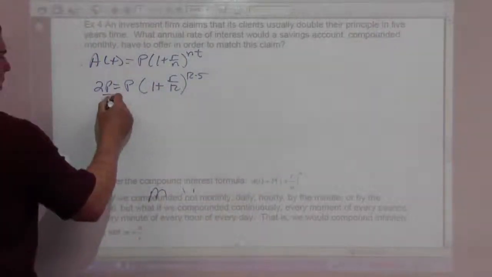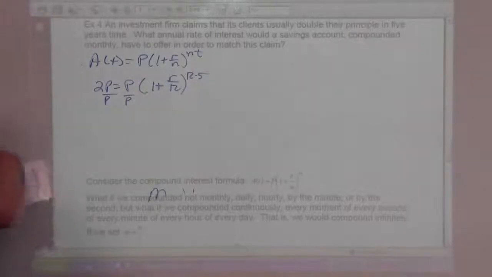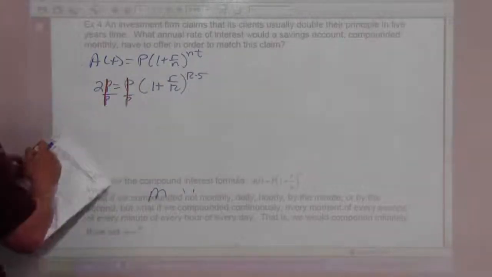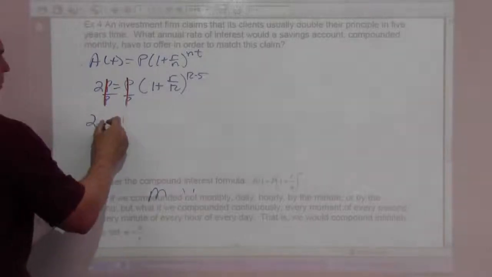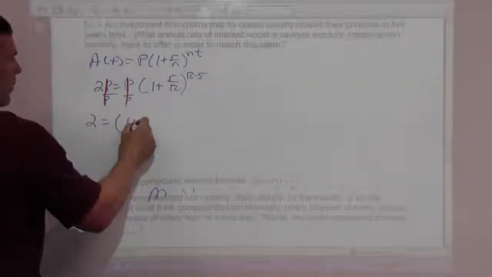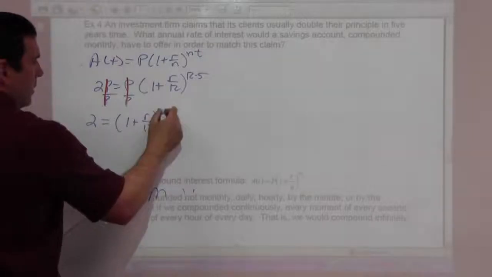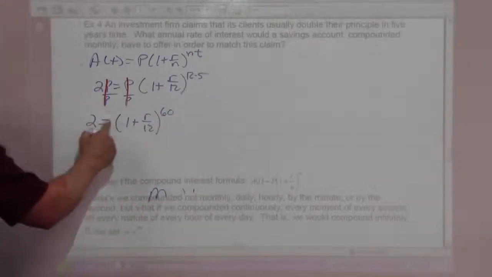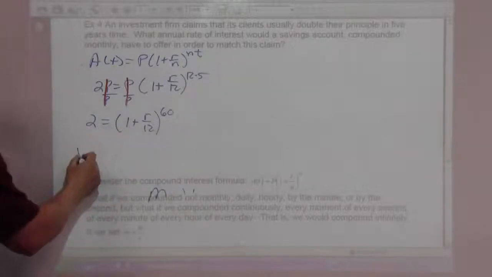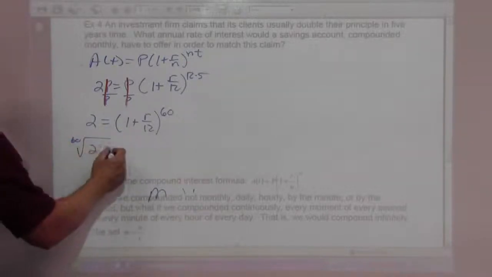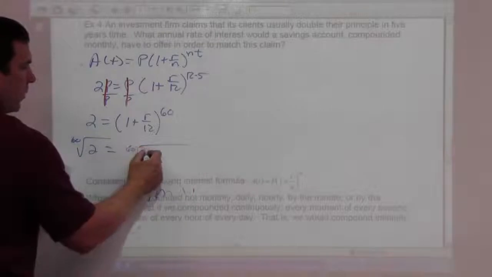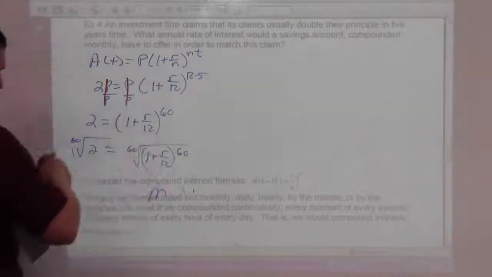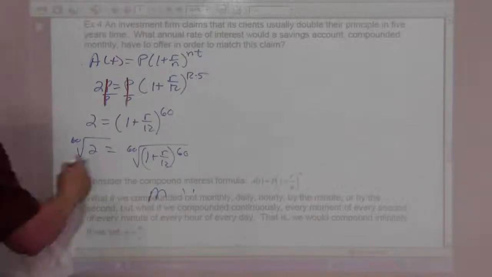So we can divide out those P's. Two equals 1 plus r over 12 to the 60 power. 12 times 5 is 60. So I want to get out of this, so I'm going to do the 60th root of 2 equals the 60th root of 1 plus r over 12 to the 60th power. And this has the effect of canceling the power.